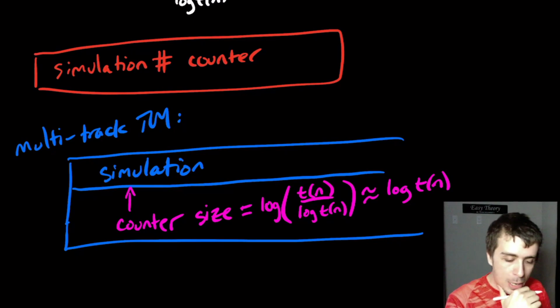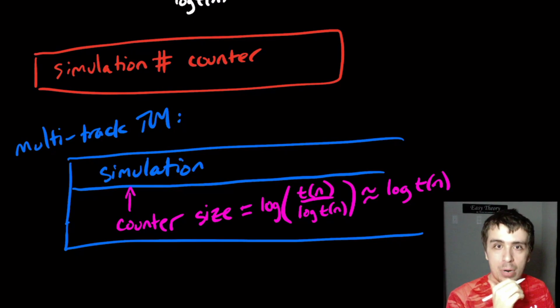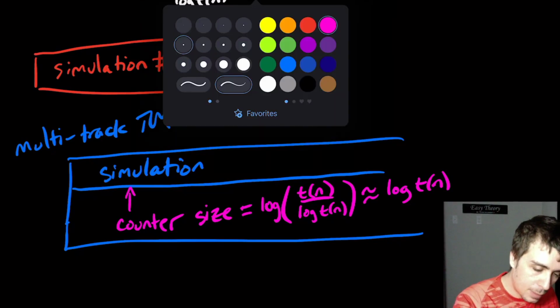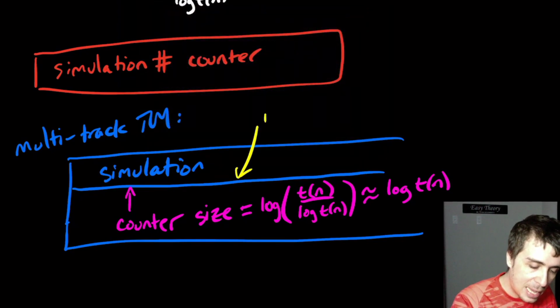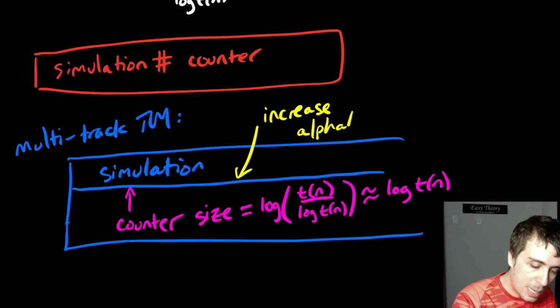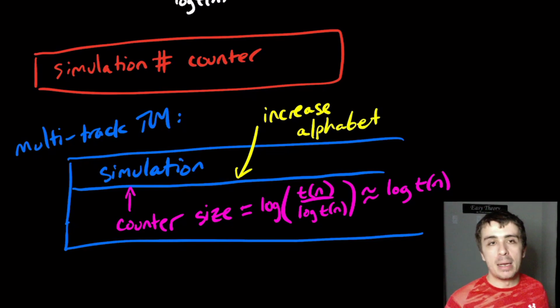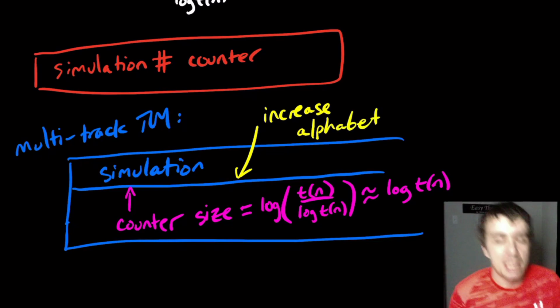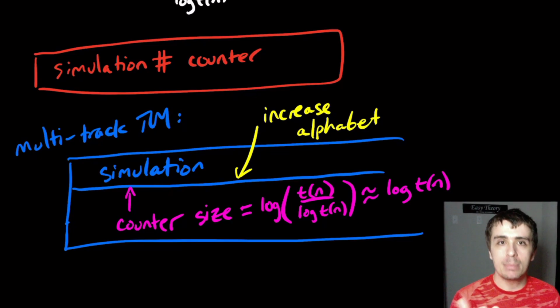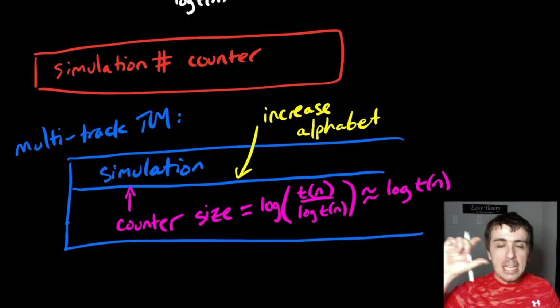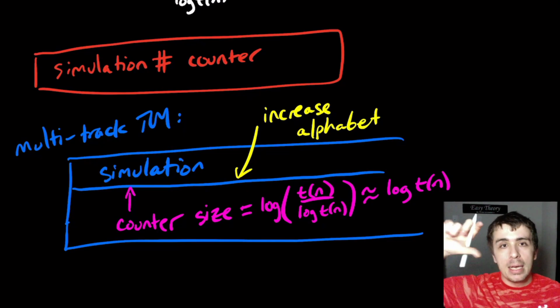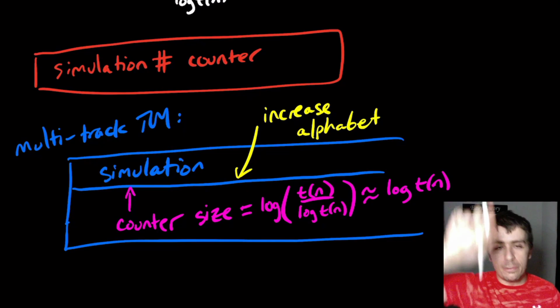Now, how do you actually do this in practice? What you do is you increase the alphabet. So what we're going to do is kind of like some of the Sipser problems, which is that each of the characters on the tape encodes two different things.